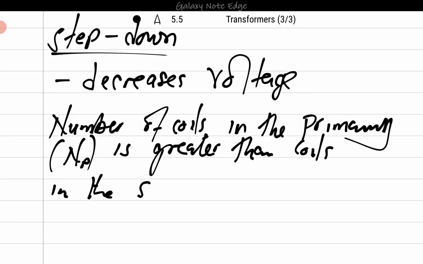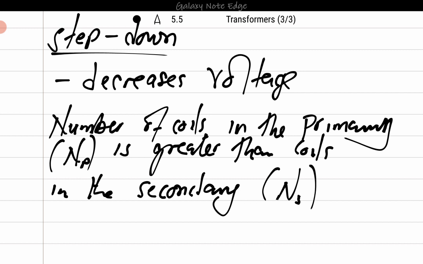And the coils in the secondary, this time we denote as NS. So NP for primary coils, or number of coils in the primary, and NS for number of coils in the secondary. So technically, in a step-down transformer, NP must be greater than NS.